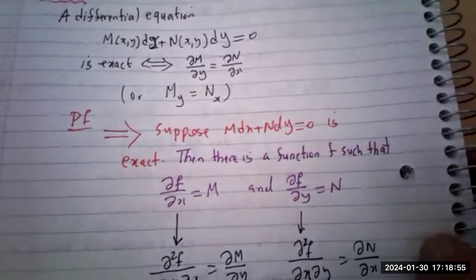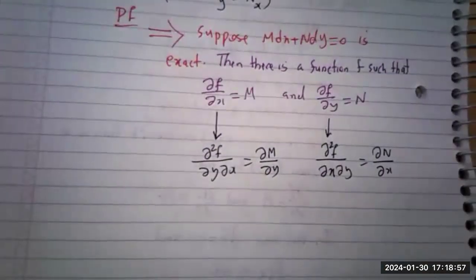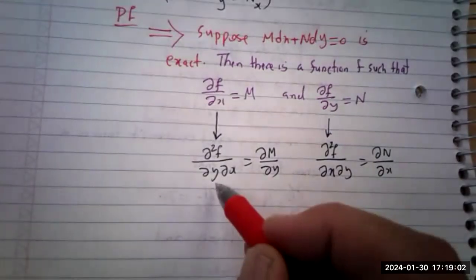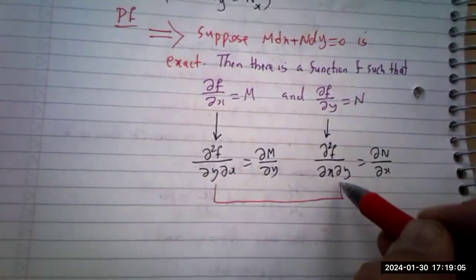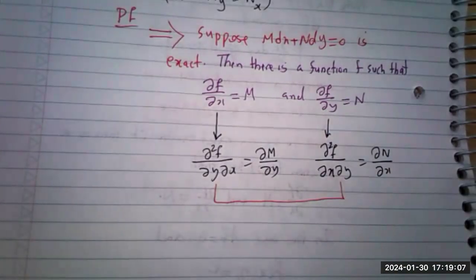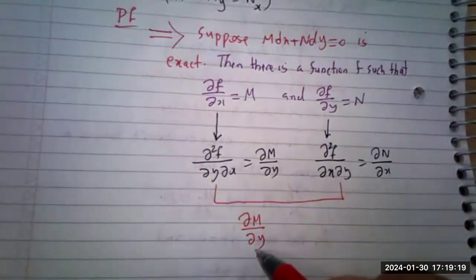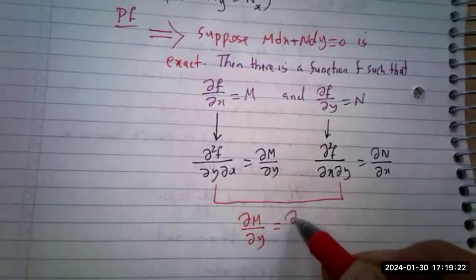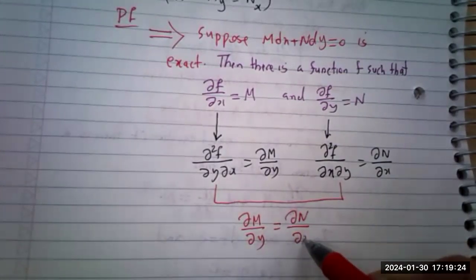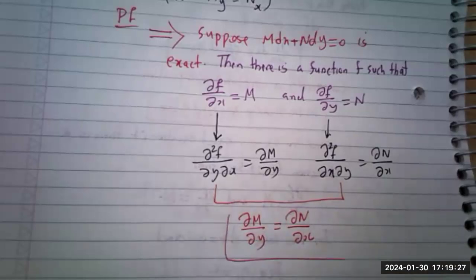Order of differentiation: as I talked about in calculus 3, we proved that these two are the same. So it doesn't matter whether you differentiate with respect to x, then y, or with respect to y, then x. So this means the second parts must be the same. The partial of M with respect to y is going to be equal to the partial of N with respect to x. That's it. Or M_y is equal to N_x.